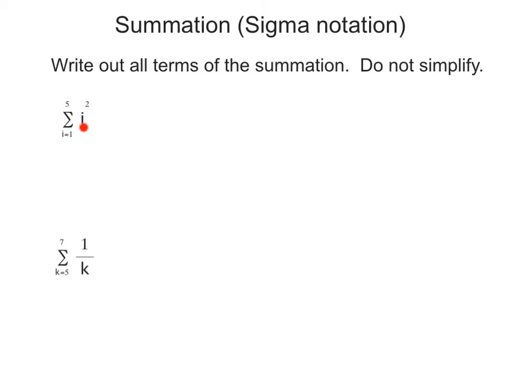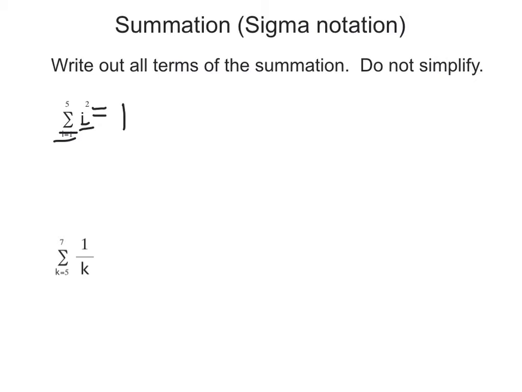Just to give you an idea what we're going to be using, we're going to write out the terms represented by these summations. The first one says the summation, i equals 1 to 5, of the expression i squared. So we start with this value, 1 in this case, and plug in 1 for the i in this expression.